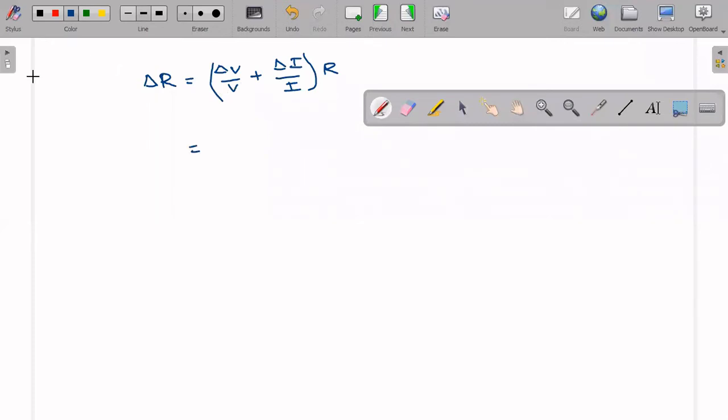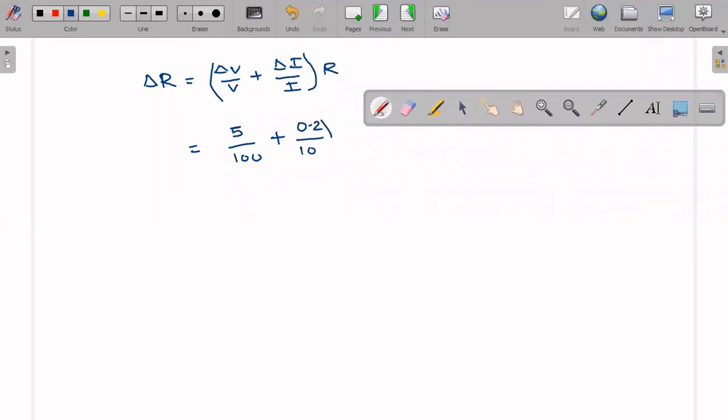Now, what is the delta V value? Going back above, the delta V value is 5 and the V value we have taken is 100, plus the delta I value is 0.2 and the I value is 10.